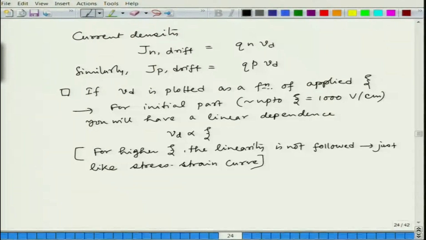So, for reasonable field strength, V d for electron is some kind of constant into xi, and this constant is called mobility, and it is a material property.